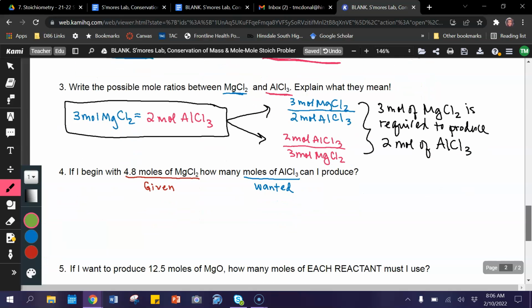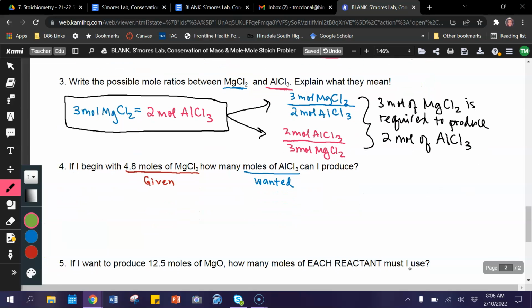Now, whenever you're solving these problems, going mole to mole, you first start with your given. So let's write 4.8 moles of magnesium chloride, and we're going to multiply that by one of these mole ratios. But the one that we're going to choose is the one that has moles of magnesium chloride down here on the bottom.